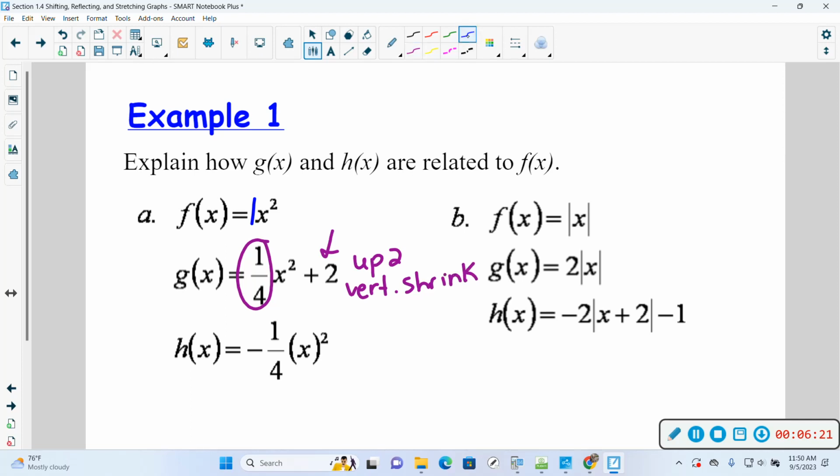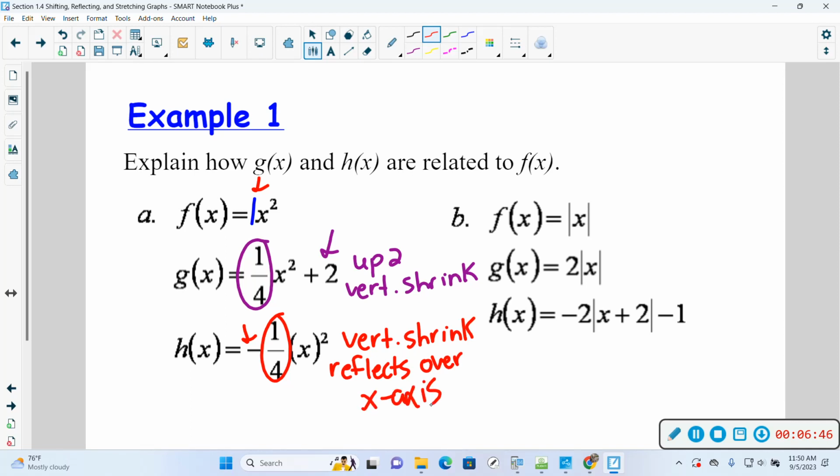Okay, on the bottom one, of course, we've got the negative and the 1/4 still. So the 1/4 is still going to be the vertical shrink. So I'm going to jot that down again. Because remember, we are comparing this to the 1, the f of x at the top. And then the negative is always a reflection. And I'm going to get specific, the negative's in front, so it reflects over the x-axis.